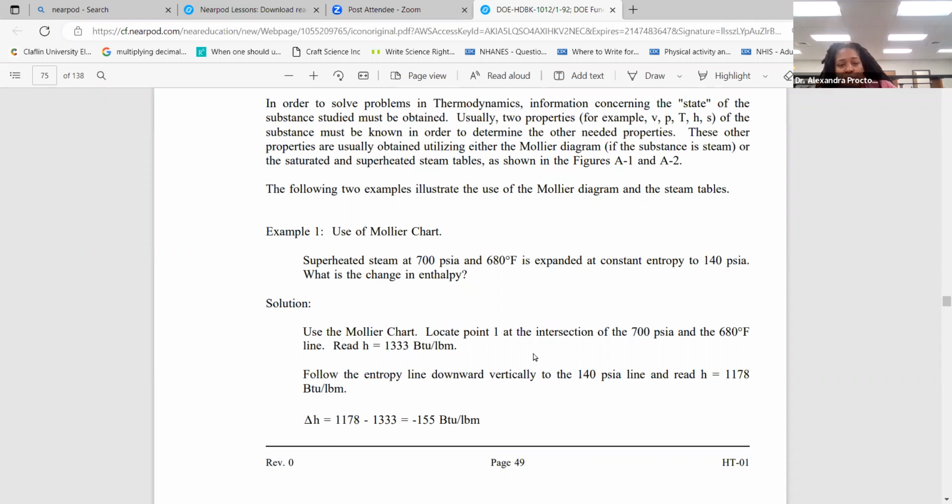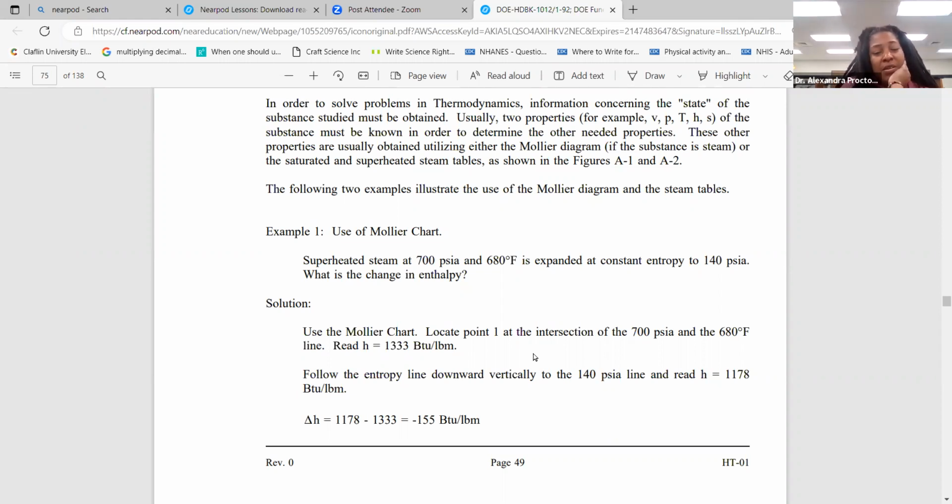So they ask the question, if you have a superheated steam at 700 psi and 680 degrees Fahrenheit, and you expand it at a constant entropy to 140 psi, what is the enthalpy change?